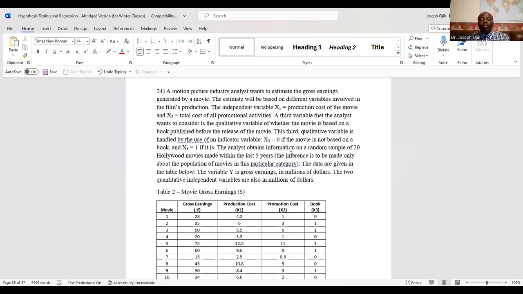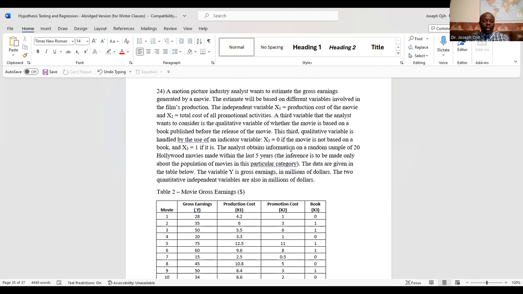A third variable is the qualitative variable of whether the movie is based on a book published before the release of the movie. Because it's qualitative, it is handled by an indicator variable X3. X3 equals 0 if the movie is not based on a book, and X3 equals 1 if the movie is based on a book.